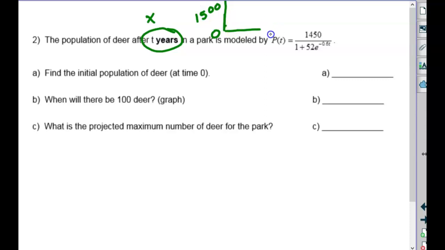But anybody want to take a guess on x? What do you want to do? How many years out? You want to try 20? The only reason we'd have to change it later is if it doesn't get to 100 deer, but I think it's going to grow faster than that, right? All right.